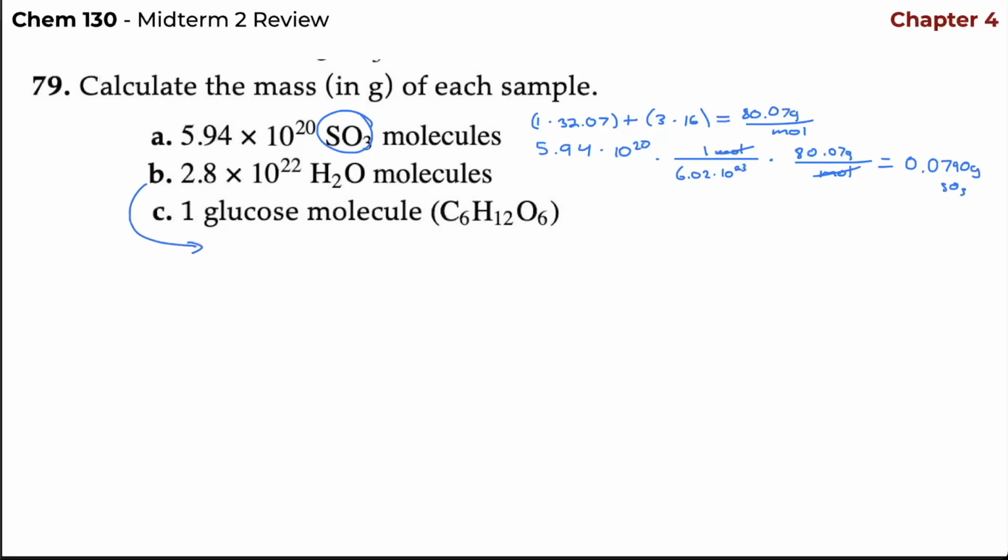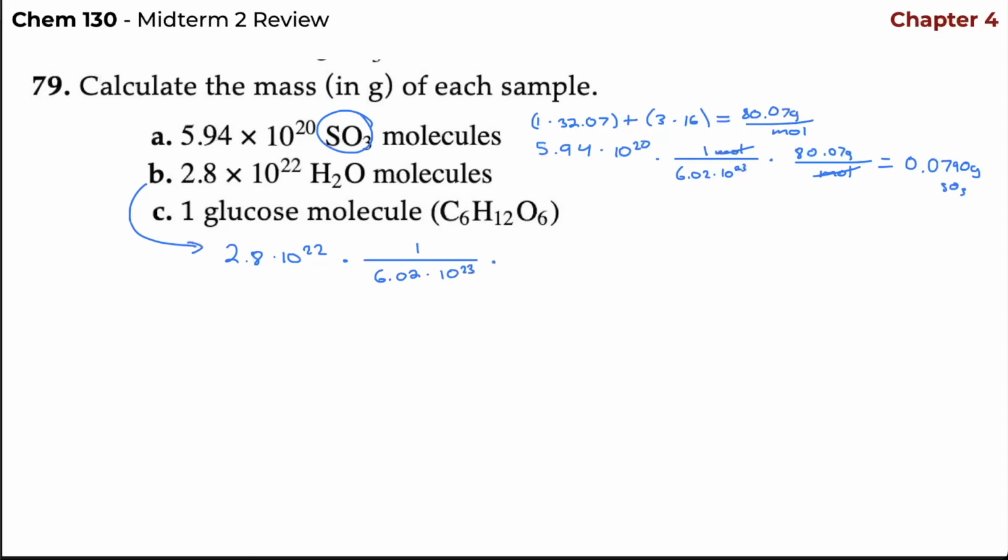And then I'll do one more just so you know how to do it, and then you can do the third one on your own. So we have 2.8 times 10 to the 22 water molecules, right? We divide this by Avogadro's number so that we can get it in the number of moles that we need, right?